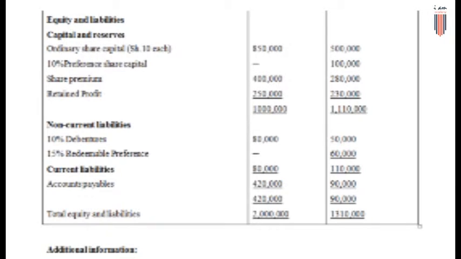Additional information. 1. Tamim Limited acquired 70% of the ordinary shares of Mima Limited on 1st October 2005 when the retained earnings were 40,000 shillings. 2. Tamim Limited also acquired 20% of the preference shares of Mima Limited on 1st October 2010. 3.